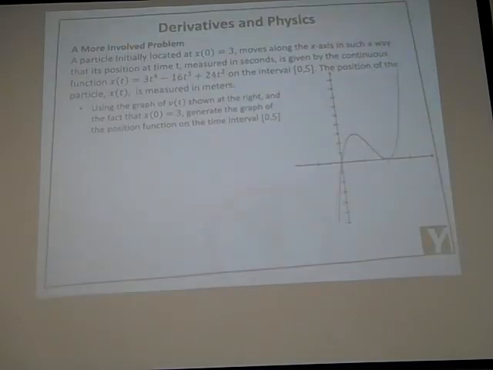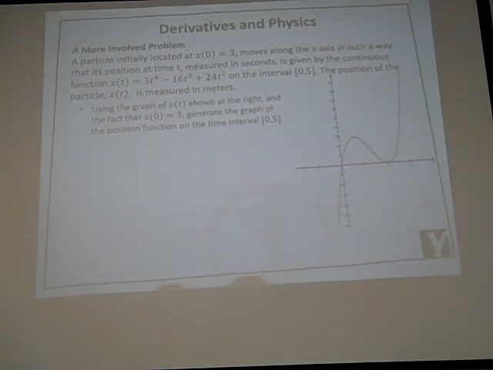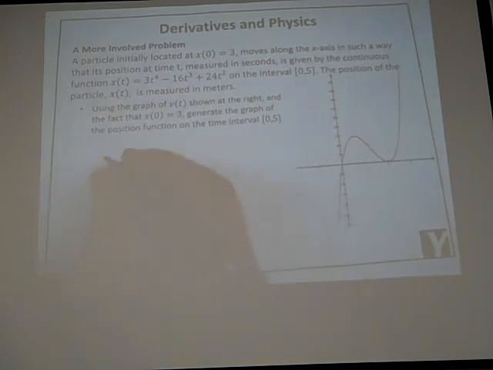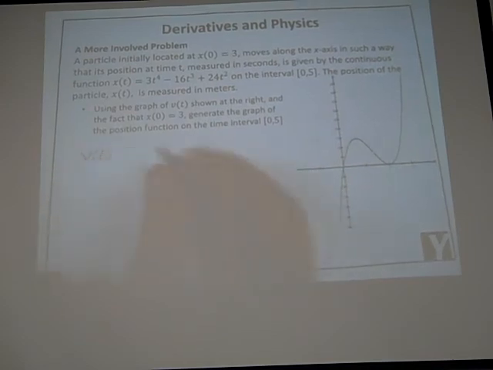And this is not something we've talked about yet. It's something I hope to talk about in class on Friday, if we're lucky. Okay. So using the graph of the velocity, I want to generate the graph of the position. Now here's the tricky part. If what I have is the velocity, well, I know the velocity is related to the position.